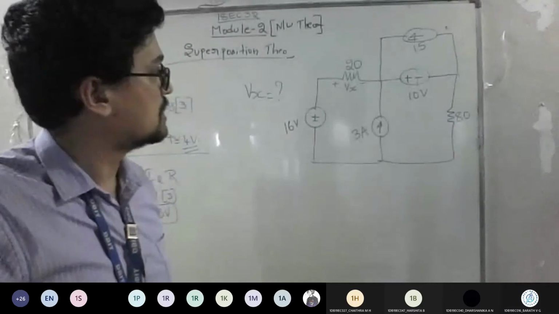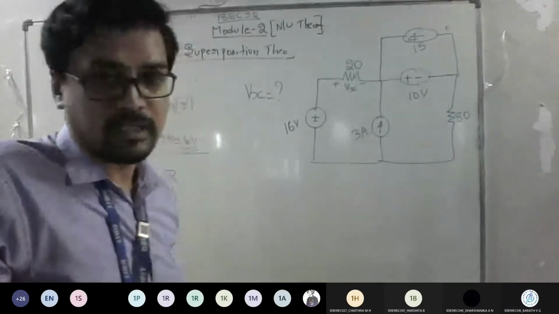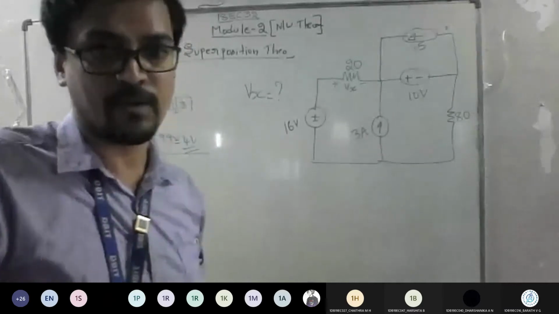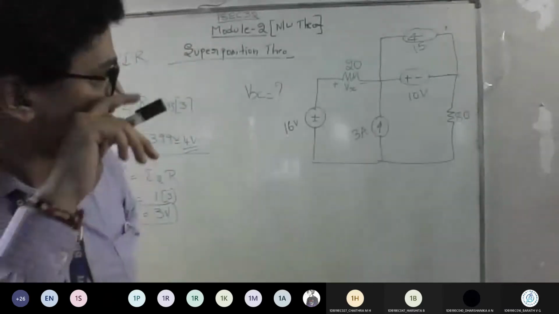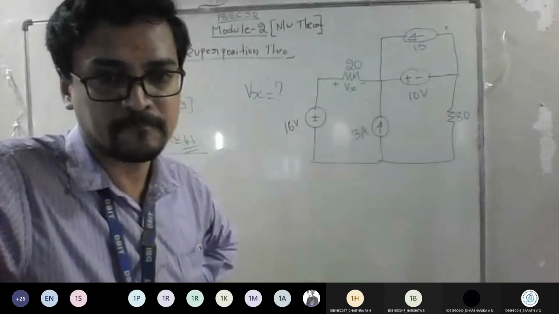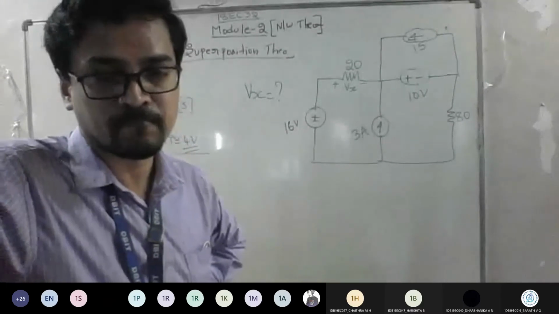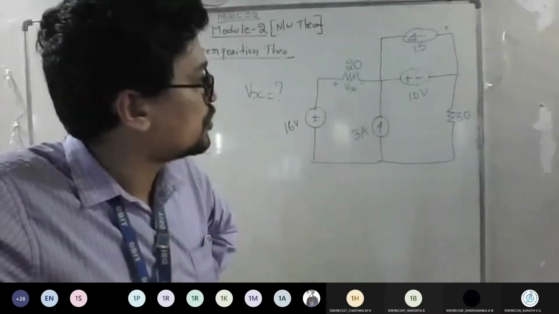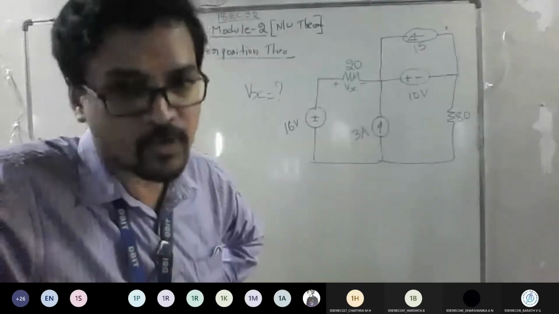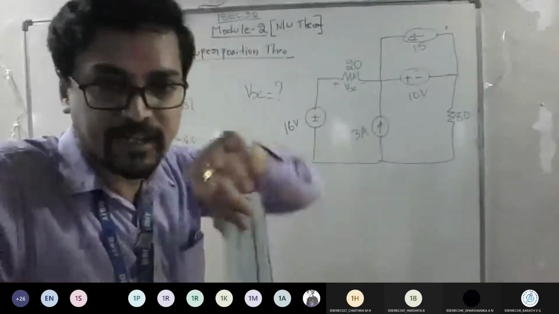Everyone? Yes, sir. Now look at the question carefully. I want the answers from you now. I am not going to solve this. Now think: is there any dependent source anywhere? No, sir. Good, so that category is eliminated.